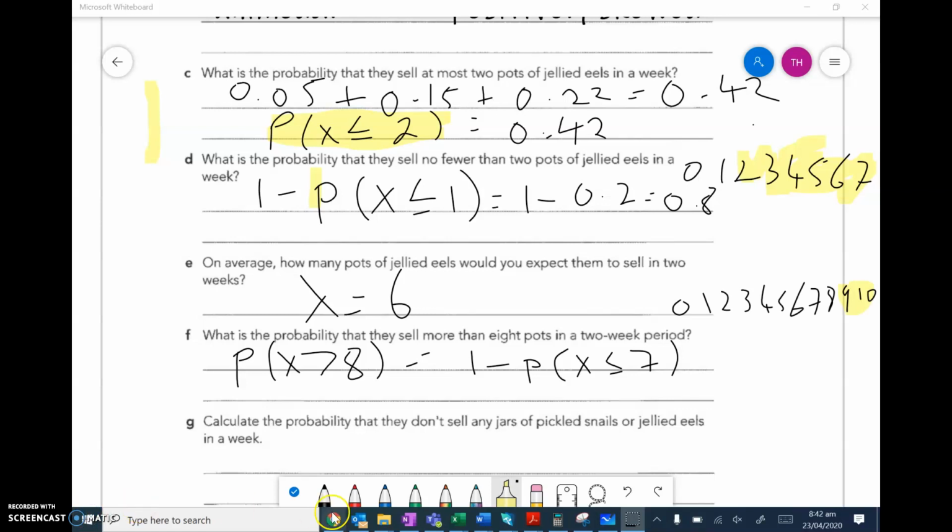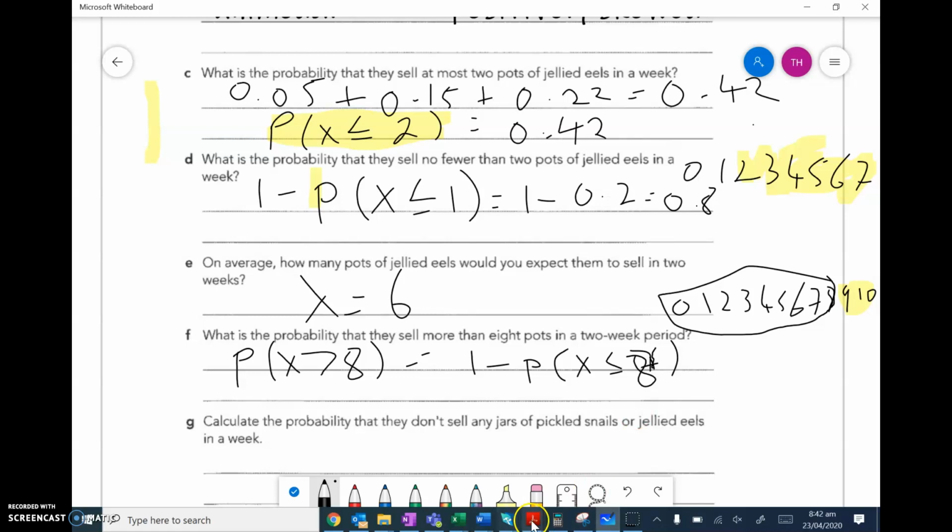Before I did my little line here, I made a mistake thinking it was 7. Greater than 8 is 9 and 10, so I need to take off all of this.